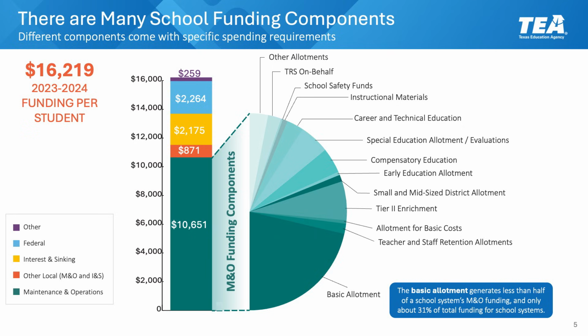It also includes the TRS on behalf, the school safety funds, and the other allotments, which does include TIA as well. An interesting thing to note is that the basic allotment is approximately 31% of the $16,219 funding per student.